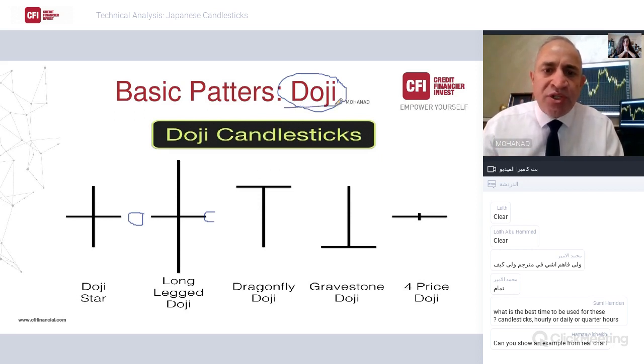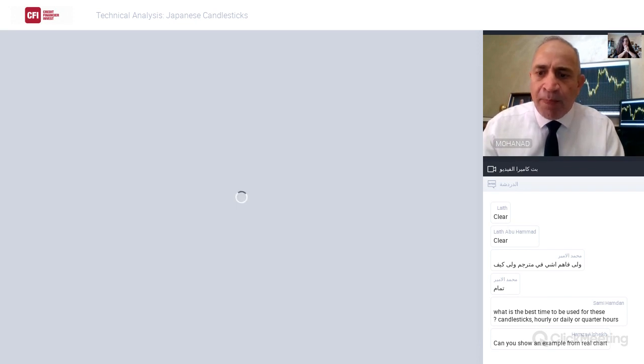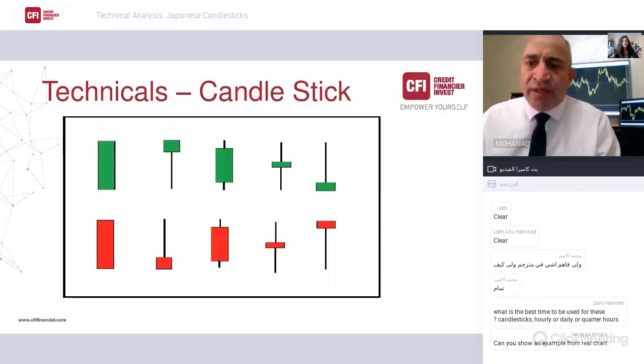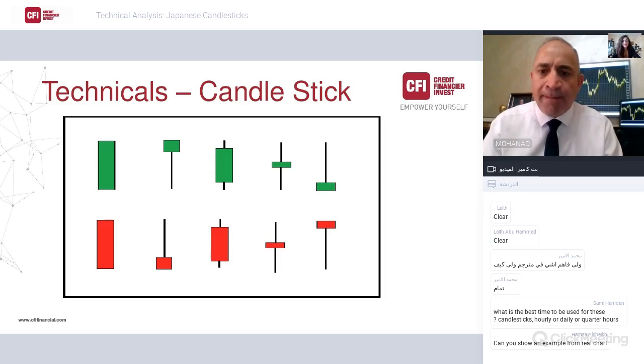As we see in the chart, we don't have a body for the candle. That's why they are called doji candlesticks.